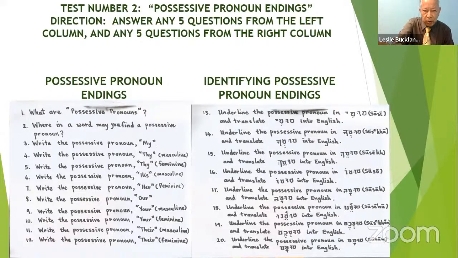Okay, so here we have number 13. Underline the possessive pronoun in Susi. And if you have already gotten the ones over here, it would help you to answer each of these on the right-hand side. The possessive pronoun my in Hebrew is this. You have the yod and you have the dot underneath the last letter of the noun.